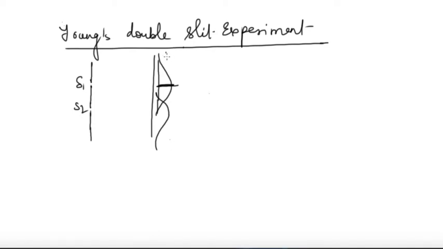So when I open both the slits, I expect a pattern where the two patterns join. But what did I get? A pattern like this.